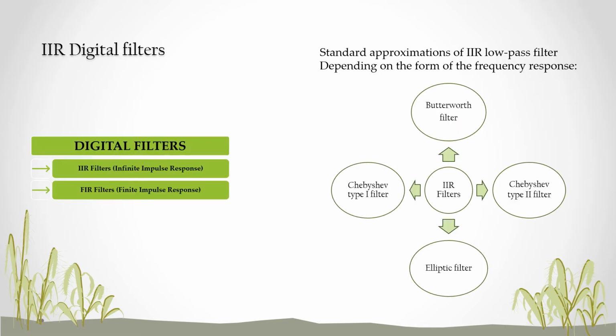Digital filters can also be divided depending on the response to impulse excitation. In that way, we divide them into infinite impulse response filters, with the shorthand IIR, which is sometimes a bit hard to pronounce because of the two I's in succession, and also finite impulse response filters, FIR filters.